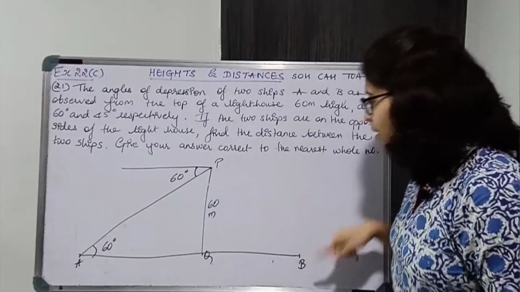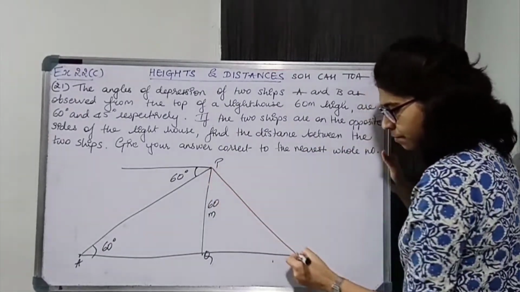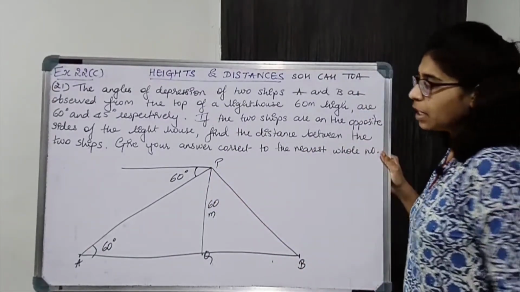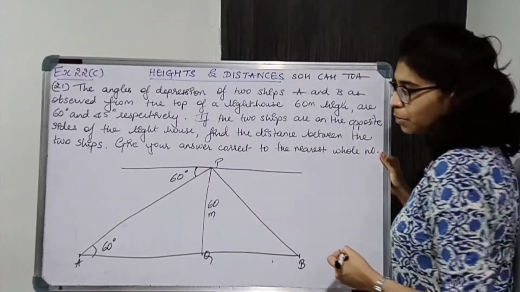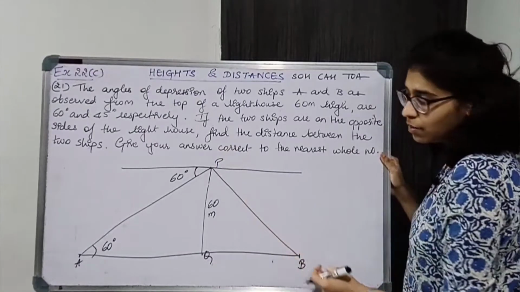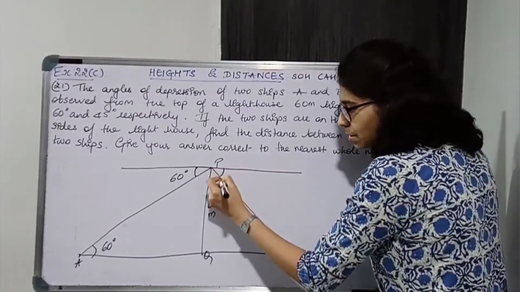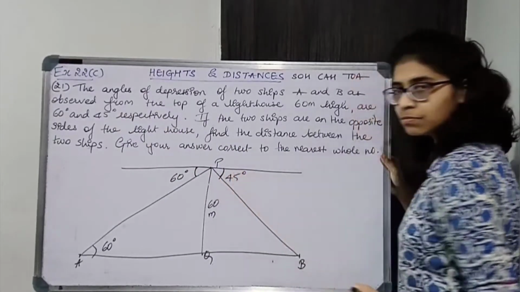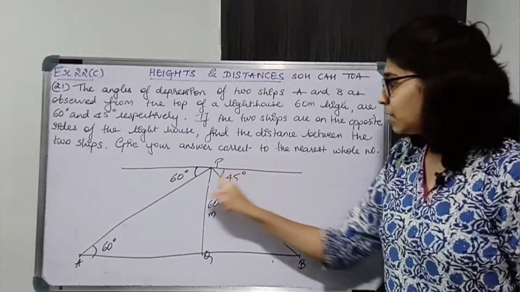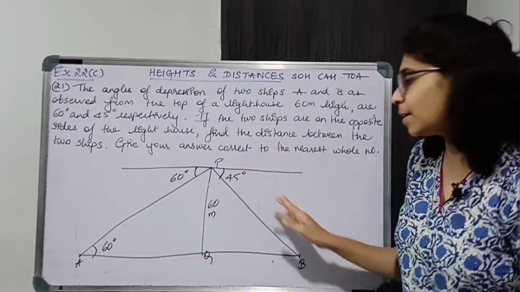Now looking at B, this is the line of sight, line of sight and horizontal के बीच का angle, okay, because angle of depression है, you are looking at a lower level, so this is 45 degrees, okay. Now यहाँ पे भी this is a Z, okay, उल्टा Z है.